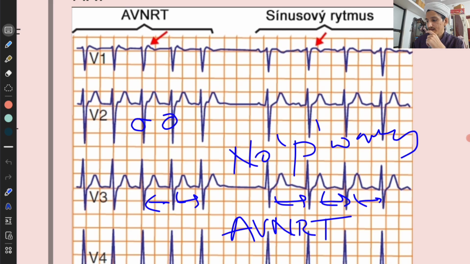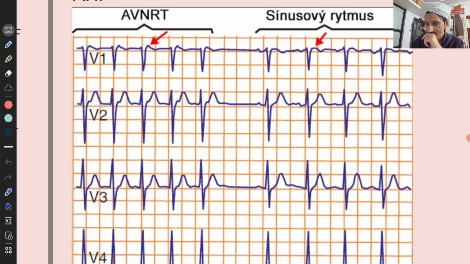One point to note here: this is the S and this is the R dash pattern. A small R dash pattern you can see after the S wave. So this is also one pattern we have seen.